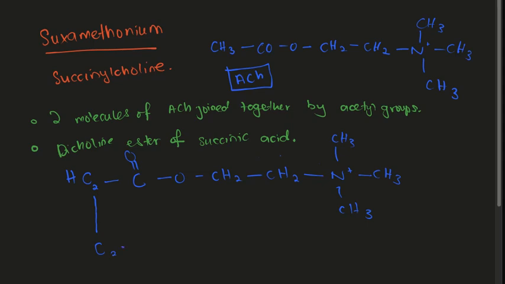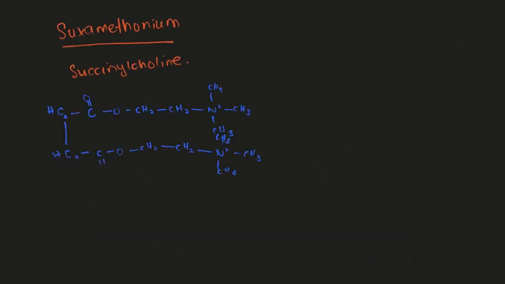We have another one here of CH2 connected with CO, O, CH2, remember there are 2 CH2s, N+, and 3 CH3s. And there you go, you have your structure of suxamethonium.